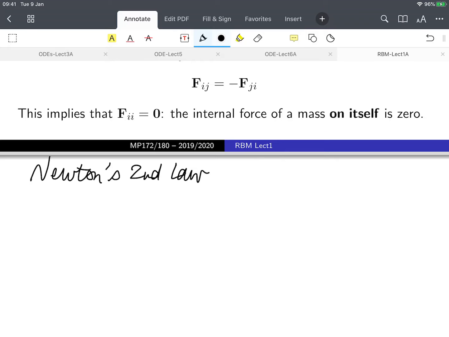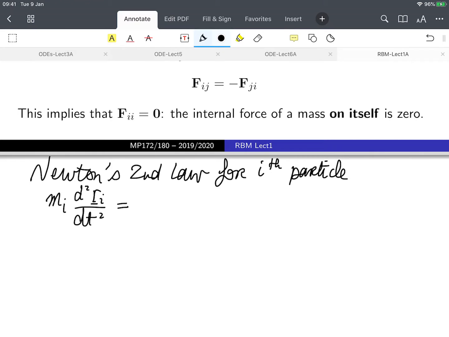So let's look at one particle first, the ith. So m_i d²r_i/dt², that's the acceleration of the ith particle, and it's going to be the sum of all the forces that are applied to that particle.